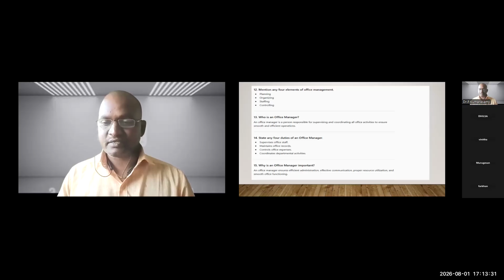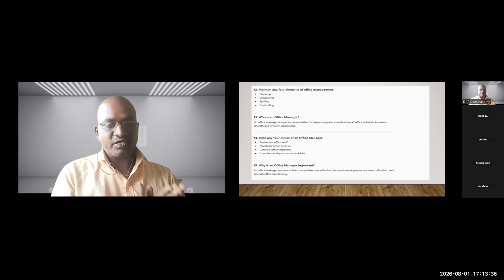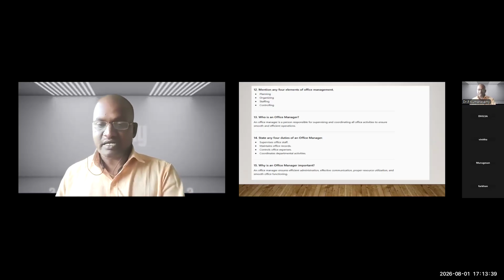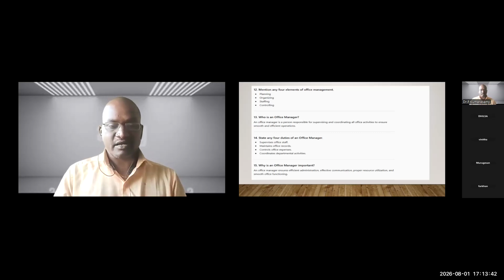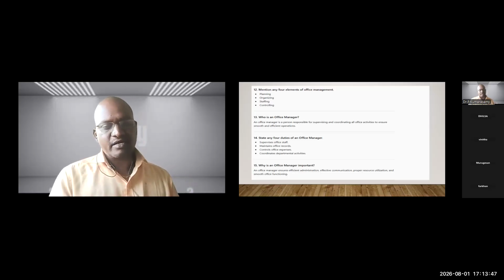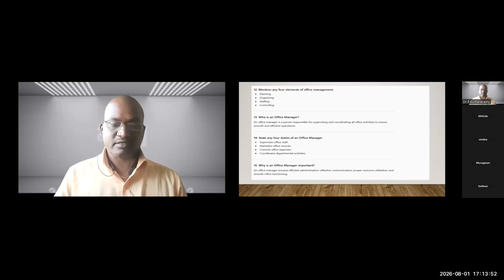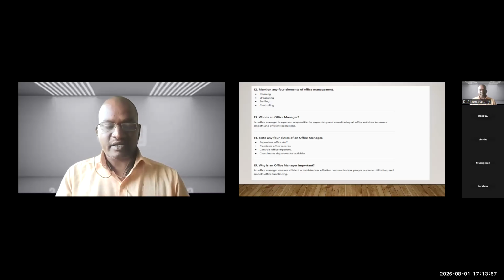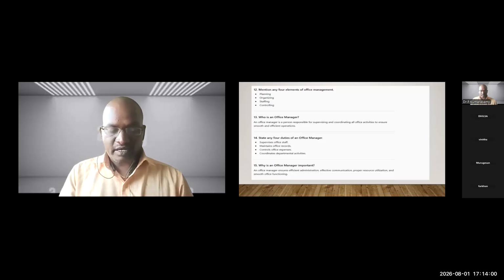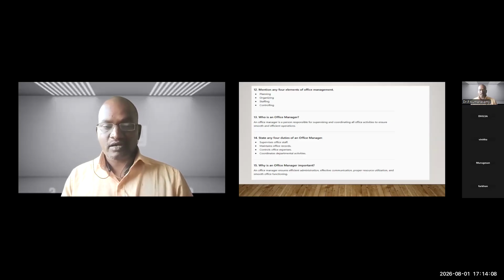He directs other staff members on where the sales records should be kept, where the purchase records should be kept, and the daily expenses and fixed assets records. They are categorized, and based on the categorization, records are stored. To store the records, the office manager gives instructions and guidelines to the office staff.